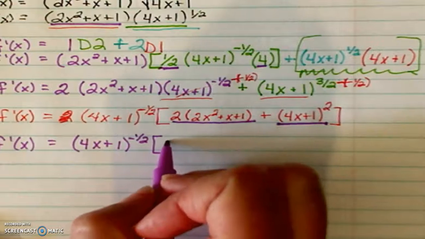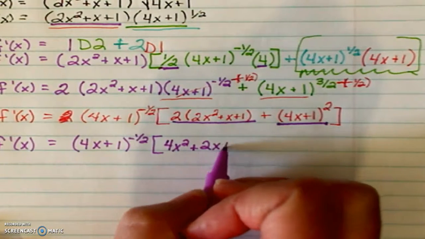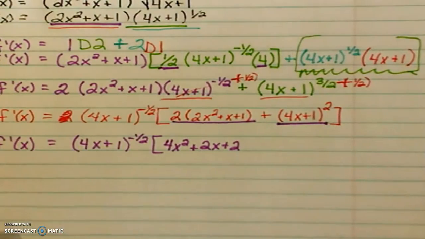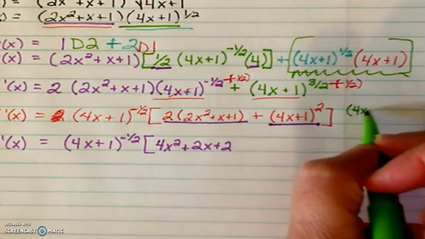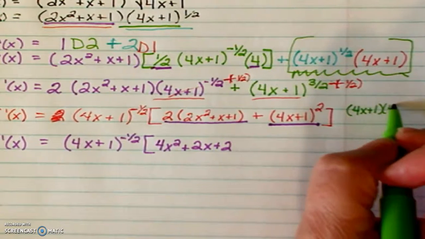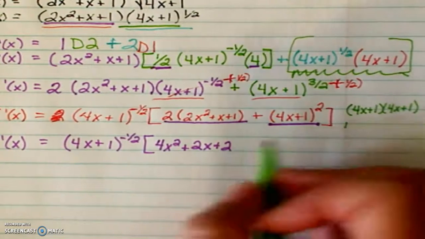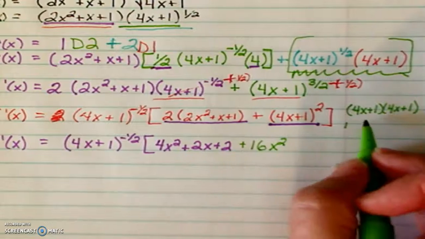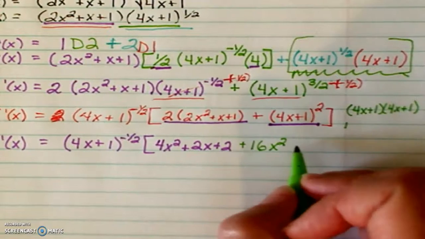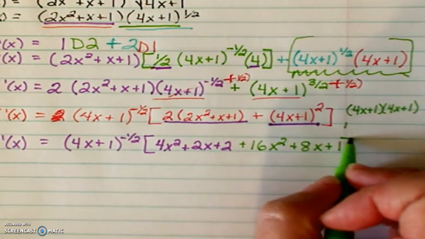If I distribute, you get 4x squared plus 2x plus 2. And then if I were to take 4x plus 1 and square it, I'm just going to do it off to the side here, try to fit it in. That's 4x plus 1 times 4x plus 1. So you end up with 16x squared. The outer is 4x and the inner is 4x, so that's going to give you 8x plus 1.